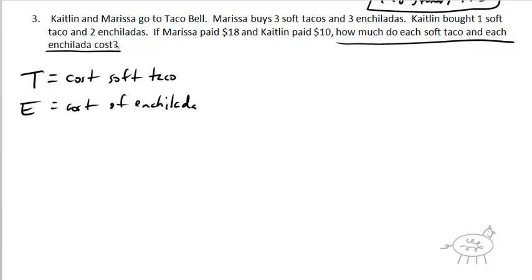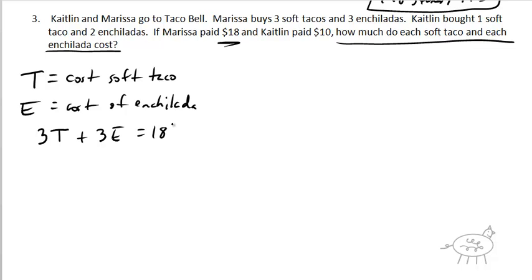All right, so the first thing it says, Marissa, and just pay attention to this. It's not difficult, but Marissa buys 3 soft tacos, so 3 times the cost of a taco, plus 3 enchiladas. And Marissa paid $18, so that's equal to $18. Okay?